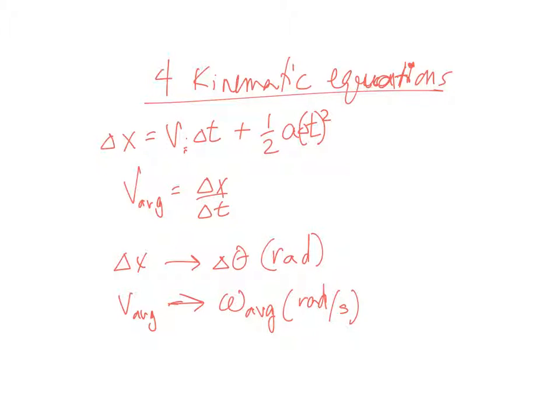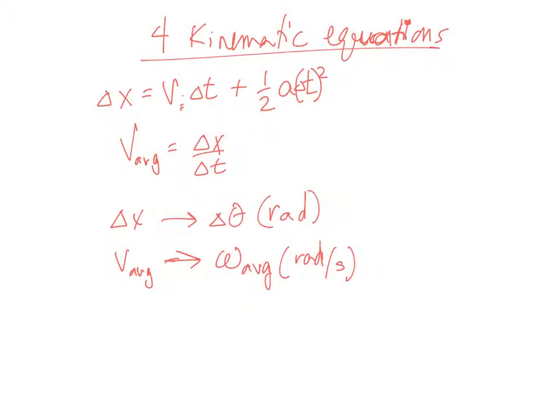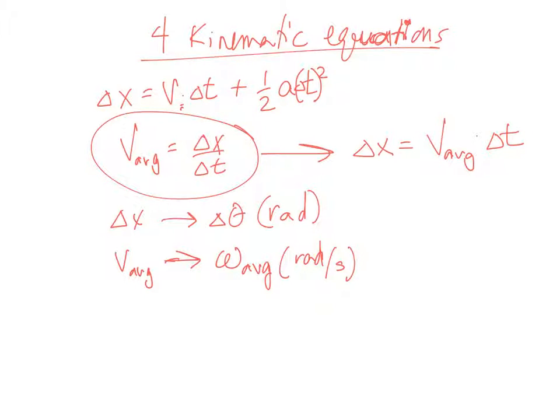Okay, and the equation that you're going to see on the next page when I flip over is solving this equation for displacement. So if you solve this for displacement, you get delta x equals average velocity times time.